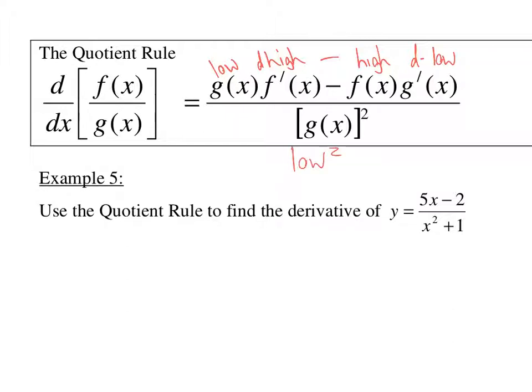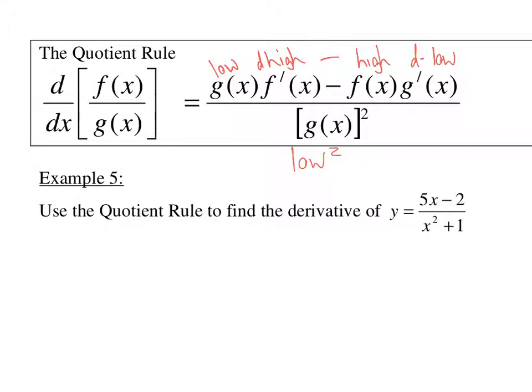Low d high minus high d low over low squared. It's kind of a silly way to remember it, but it helps. Or other people use bottom and top: bottom d top minus top d bottom over the bottom squared. It's kind of a tongue twister, but low d high minus high d low over low squared.